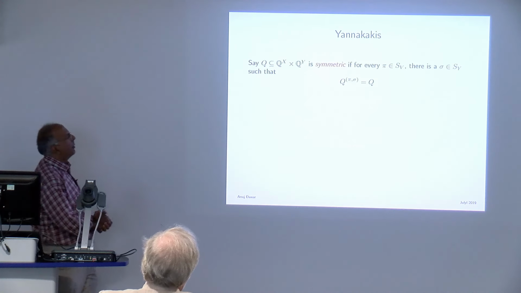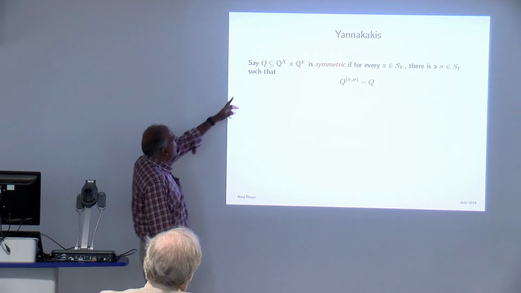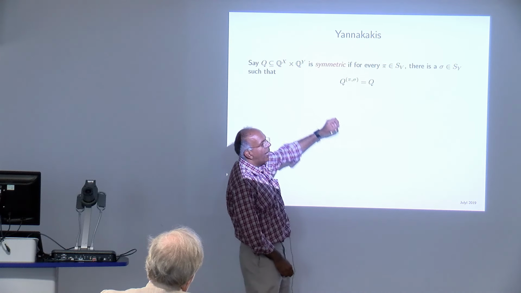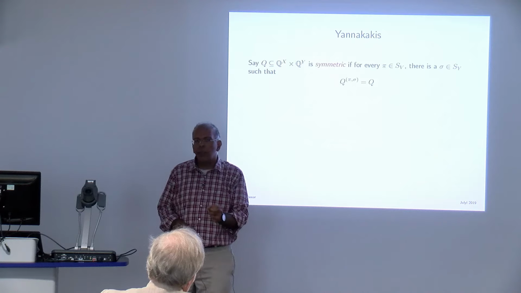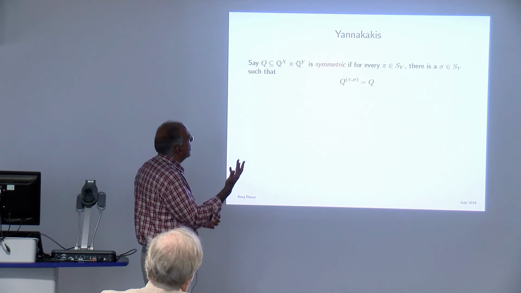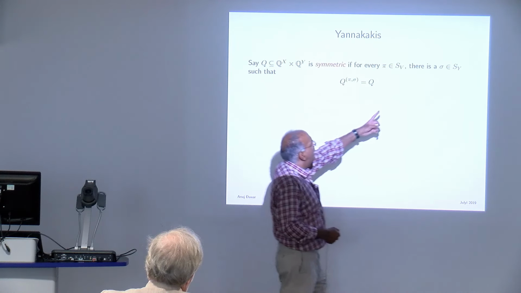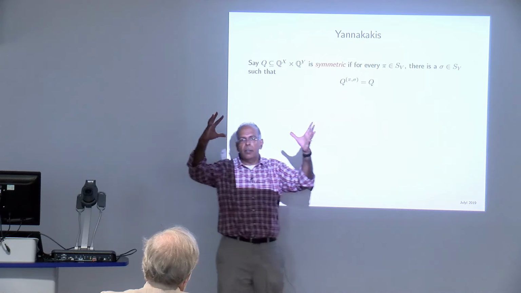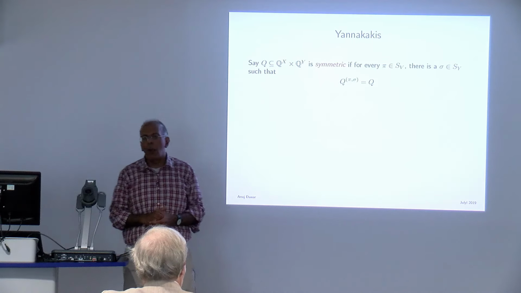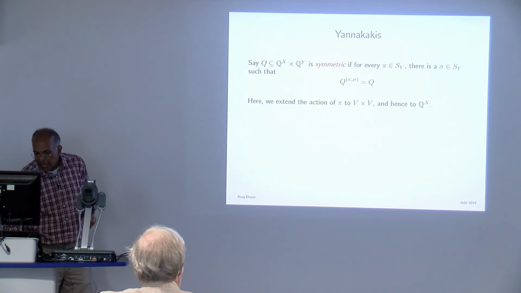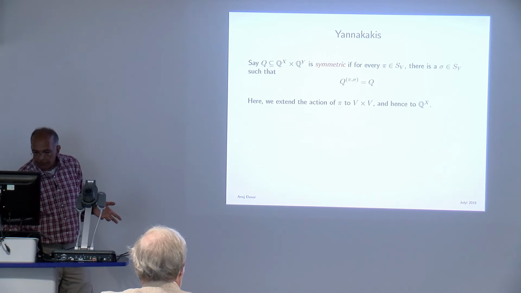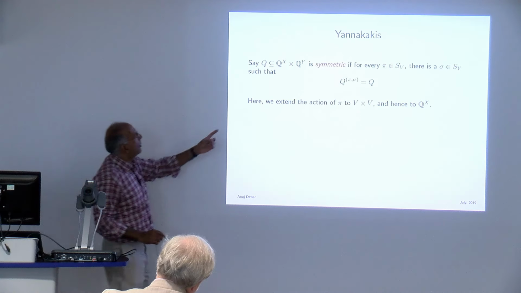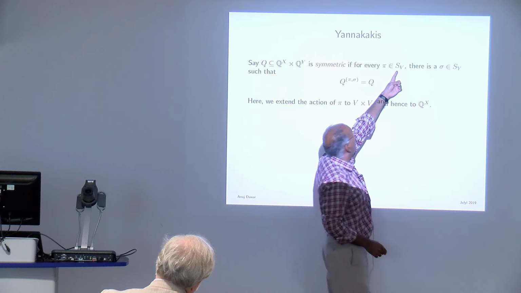But anyway, that's an aside. So what is Yannakakis' result? It's the following. This extended formulation, let's say it's symmetric if for every permutation of the vertices of your original set of vertices, you can find some permutation of these new auxiliary variables, which geometrically gives you the same polytope back. So you're taking a permutation of a set of variables.